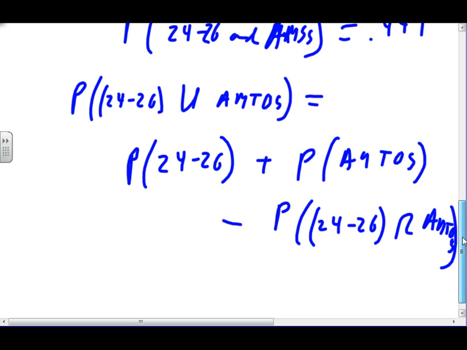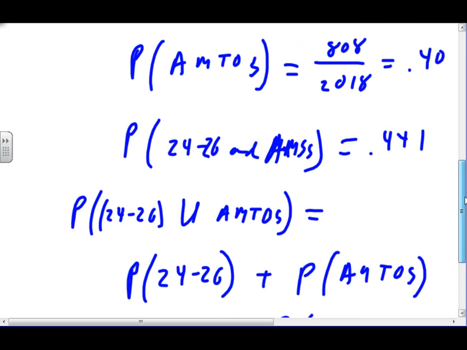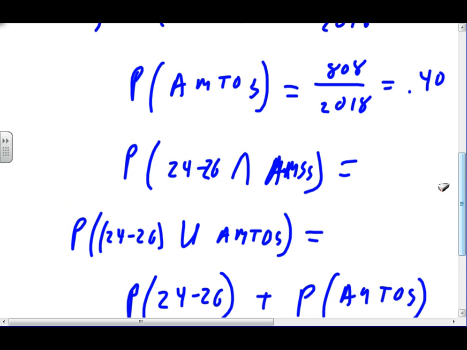Now I don't like that number because I calculated it wrong. Okay, I did an "and" here, I want an intersection. So I want the intersection of applied for more than one school and being in that age group.